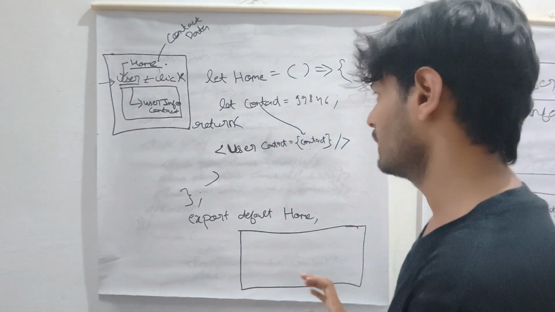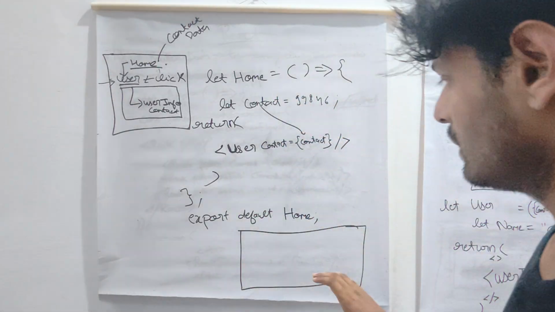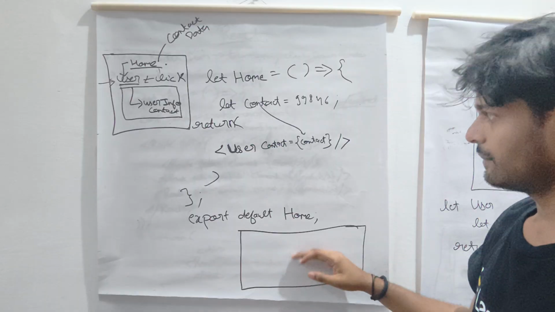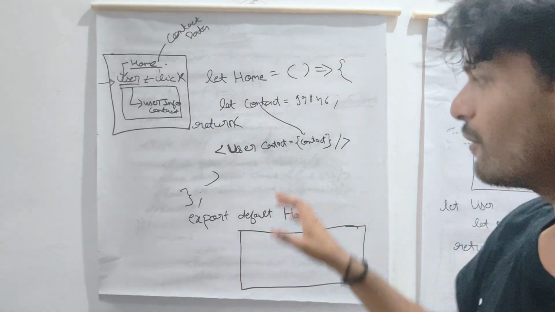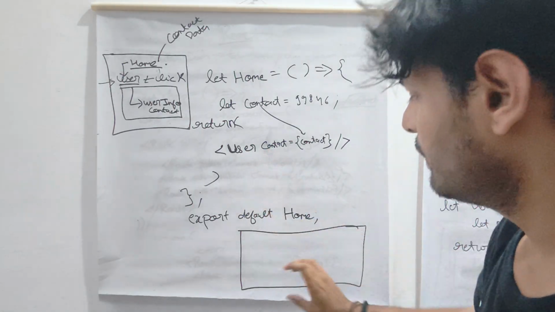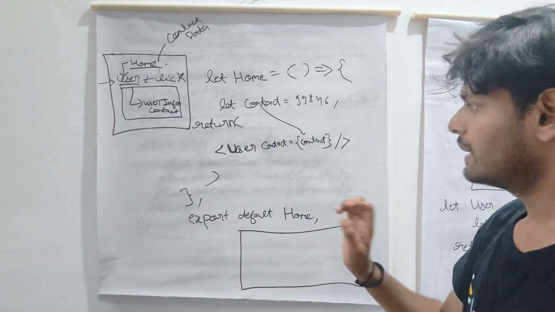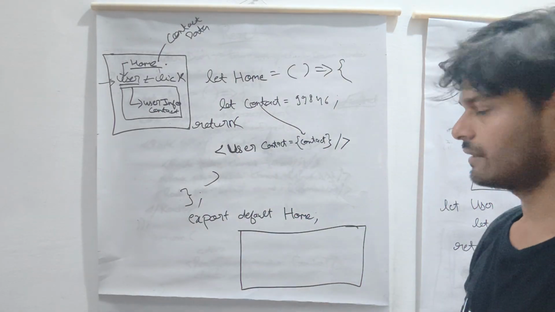Let's visualize it. So this home page is like this, and whatever we are going to return will be shown here. So we are returning user contact.